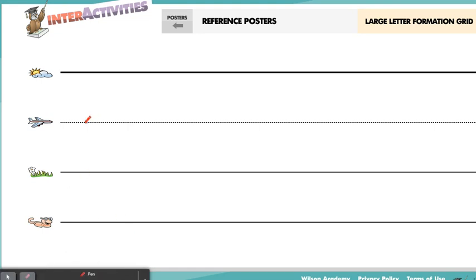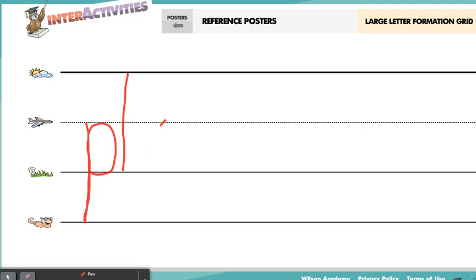The P starts at the plain line, goes down to the worm line, trace up to the plain line, go around to the grass line. That's your P. The L starts at the skyline, goes down to the grass line.